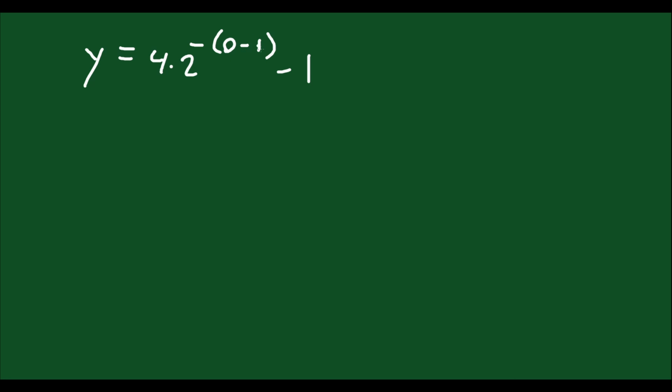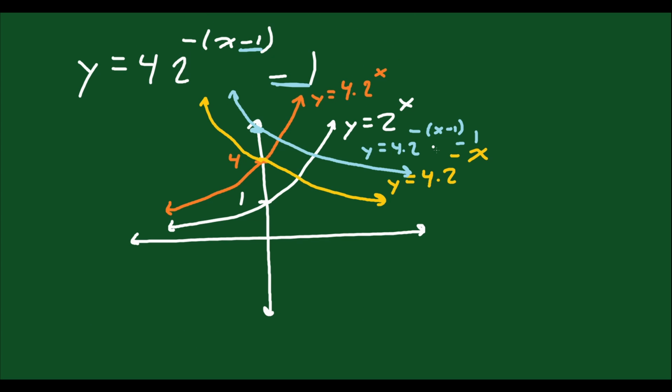Here you have negative 1 times negative, that's positive 1. 2 to the 1 is just 2. 2 times 4 is 8. 8 minus 1 is 7. So the y-intercept is at 7. Up here on your graph, this should be at 7, which is clearly above 4. So even though we're moving down, since we move to the right, that moves your y-intercept up to 7. That's what your final answer looks like.